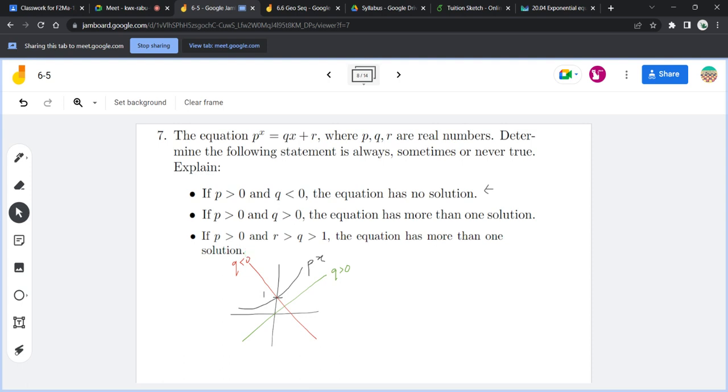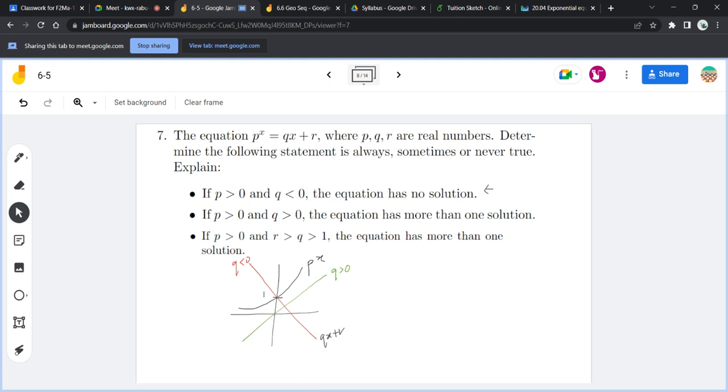So we will discuss the solution by this graph. It's simpler if we use this graph instead of doing some calculation. We have qx plus r, where p, q, r are real numbers.